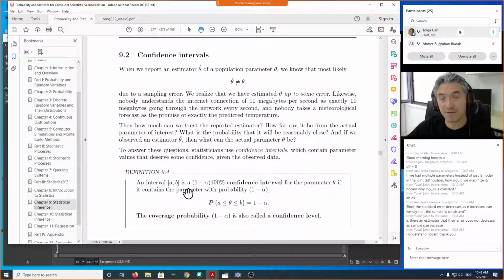For example, the most widely used one is 0.05. When alpha is equal to 0.05, it means that your confidence level is 0.95. With 0.95 confidence level, in other words, with 0.95 probability, the parameter is contained within this interval between A and B.